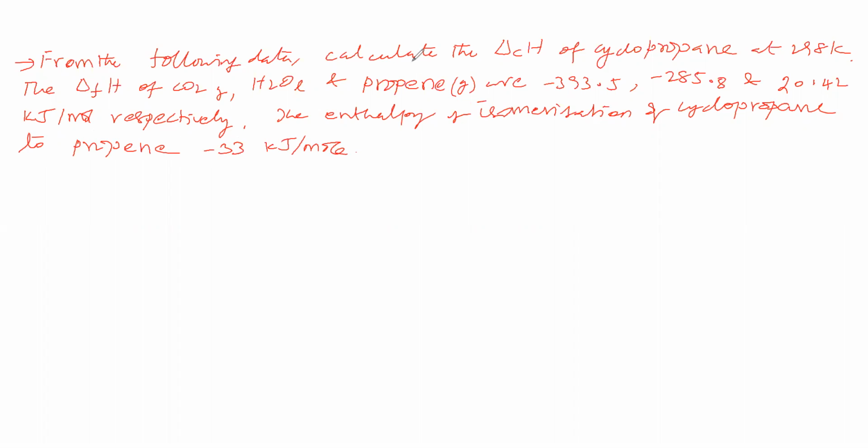First one is the enthalpy of combustion of cyclopropane. For cyclopropane, 3 carbon atoms we have to write in a cyclic manner, and for each carbon atom we have to give 2 hydrogen atoms.